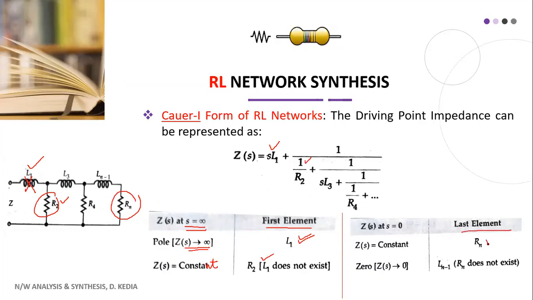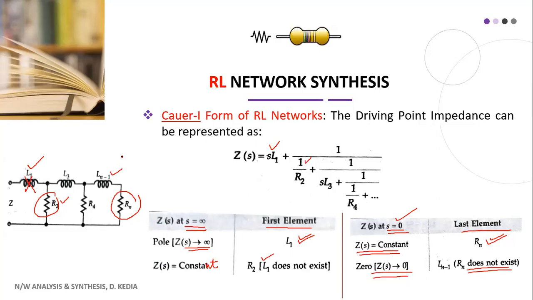So this Rn will be present when you substitute S equal to 0. So for S equal to 0, if ZS gives you constant, then this resistance will be present. If for S equal to 0, you get 0, it means your last element does not exist. Means resistance does not exist. Only inductor will be there.